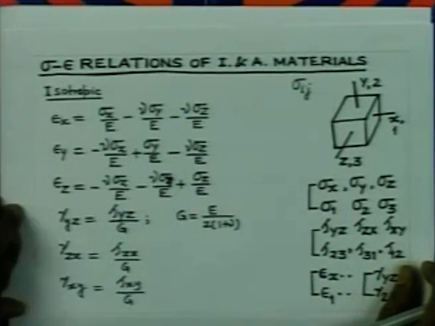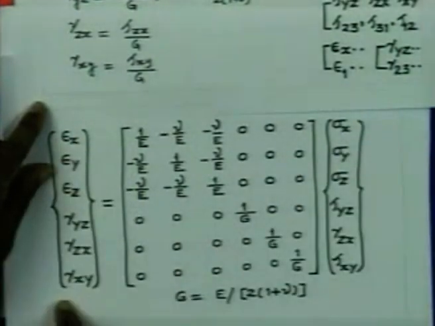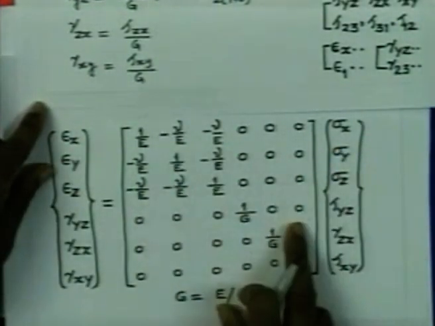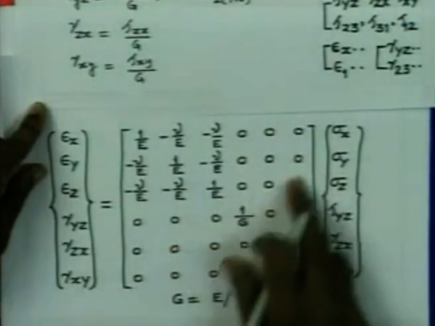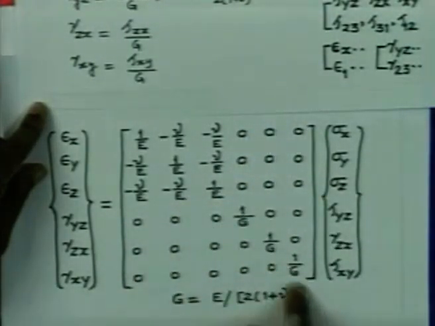This is nothing but the generalized Hooke's law, and if we write all these relationships in matrix form, they can be written in a compact form like this, where the strains are related to the stresses by this matrix, and these constants are 0. Also these constants are 0, and all the rigidity moduli are coming in the diagonal.